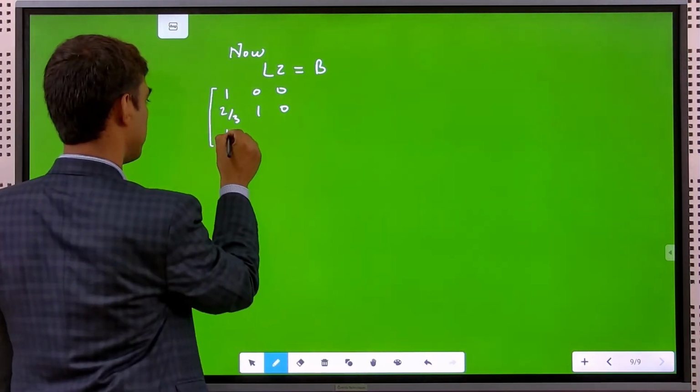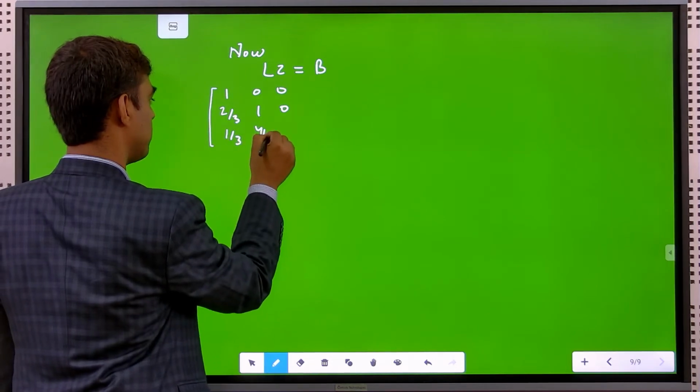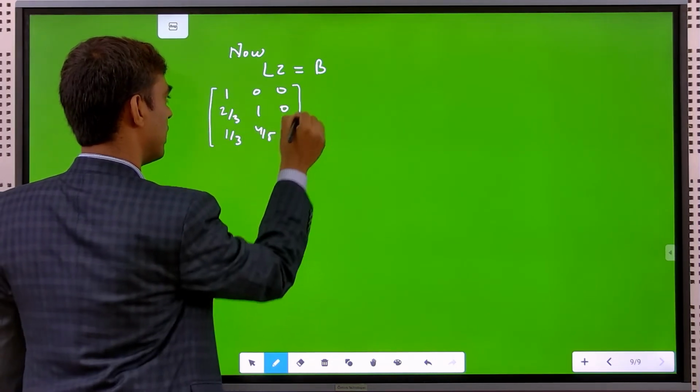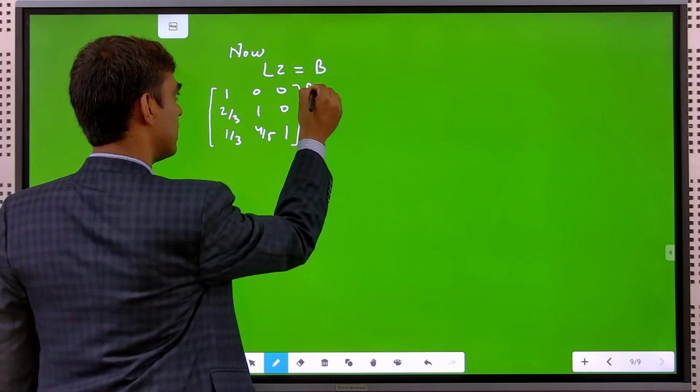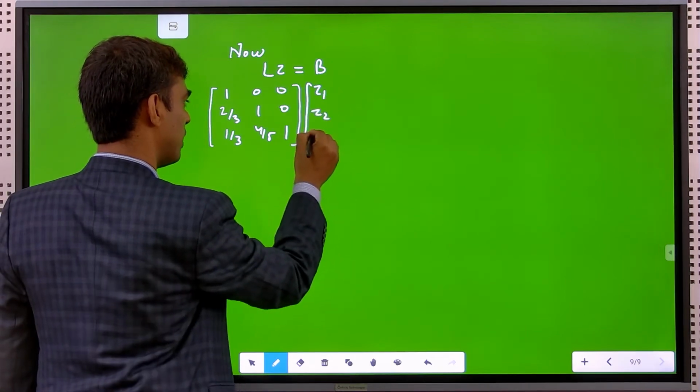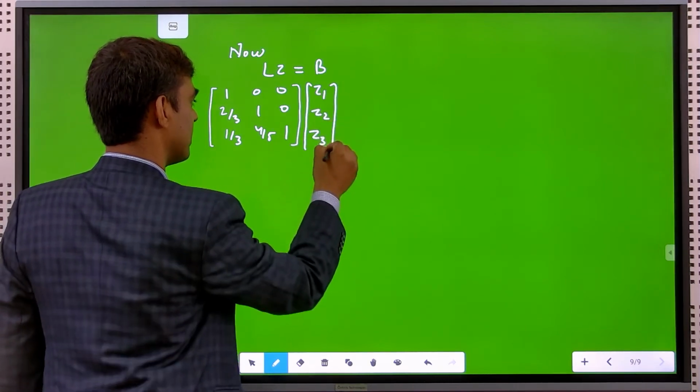And how many unknowns are in Z? Z1, Z2 and Z3.